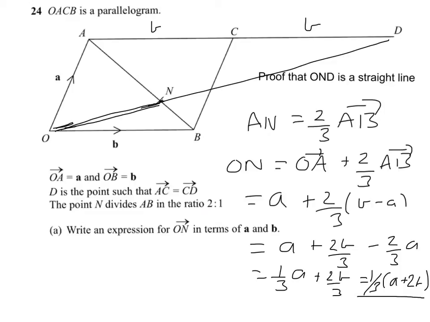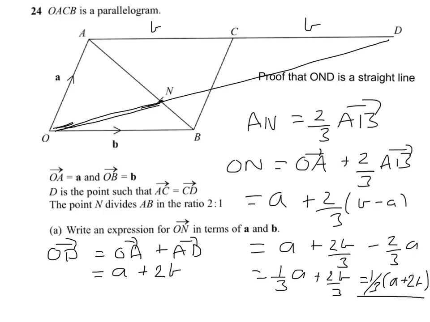So let's have a look at OD. Then OD is going to equal OA followed by AD. OA is a, and AD is going to be 2b, so we can see clearly that OD is in fact a multiple of ON.